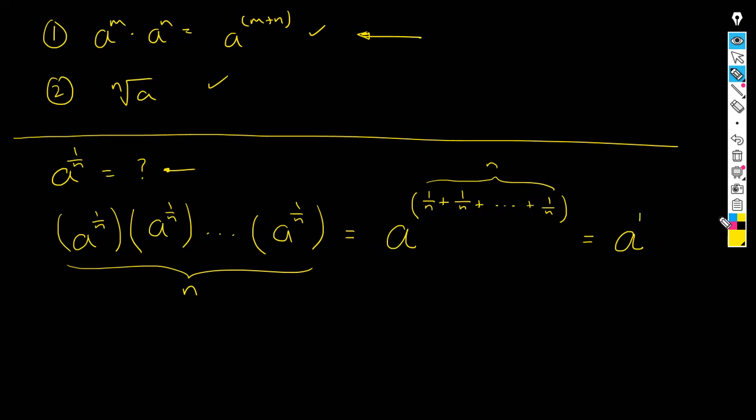And if you don't believe me, let's do some experiments over here. Let's write, for example, two fractions equal to 1/2. What do you get when you add two fractions equal to 1/2? You're gonna get 1, right? What happens when you add three fractions all equal to 1/3? You're gonna get 1.